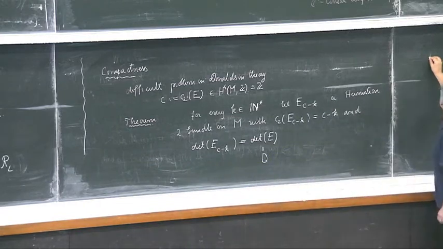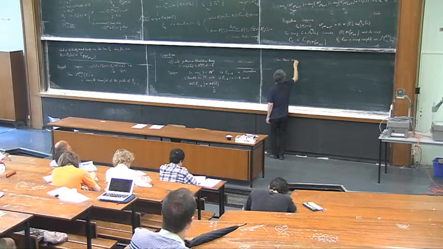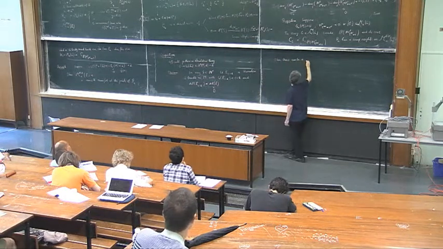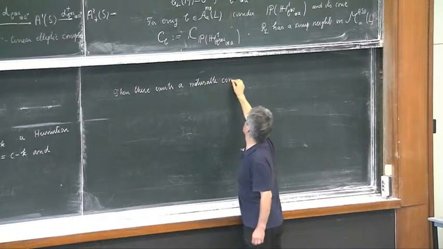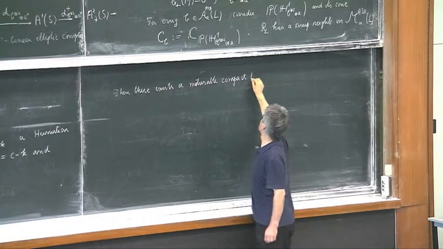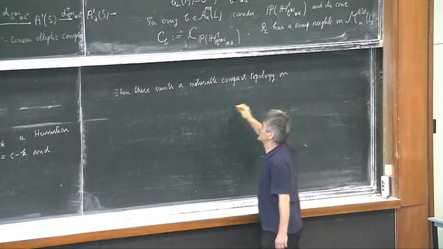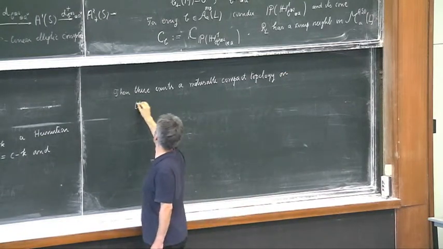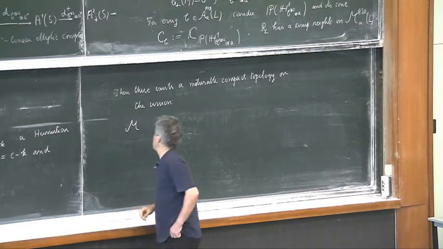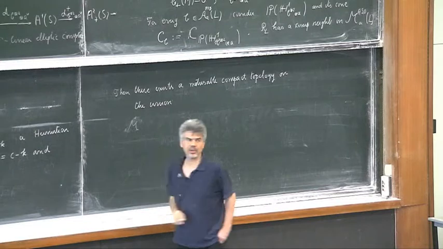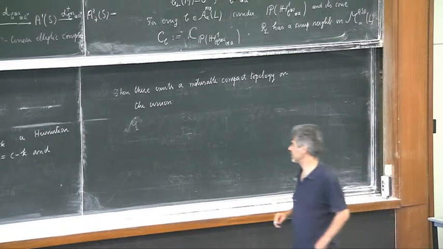Then there exists a metrizable compact topology on the union. I will not introduce any notation for this union, and I will explain why immediately.